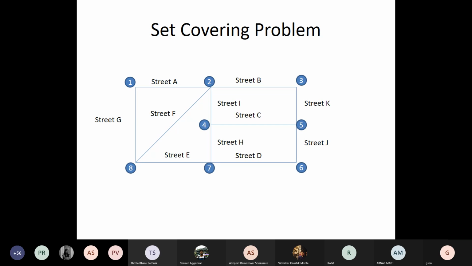The condition is that if you install the device at 1, it will cover street A and street G. If you do it at 2, it will cover street A, street F, street I, street B. So all the edges that are incident on it will be covered.